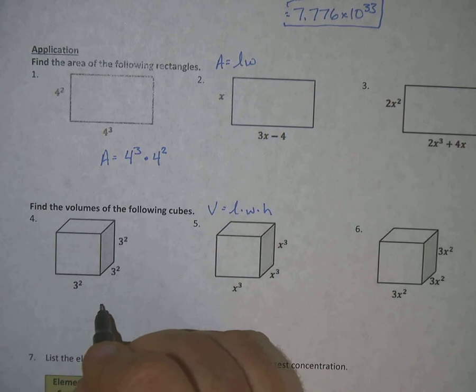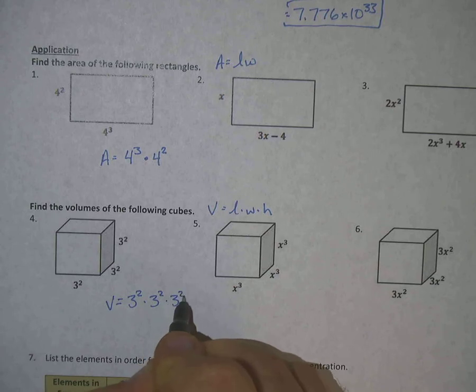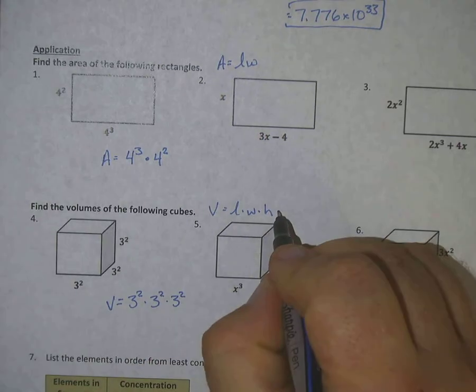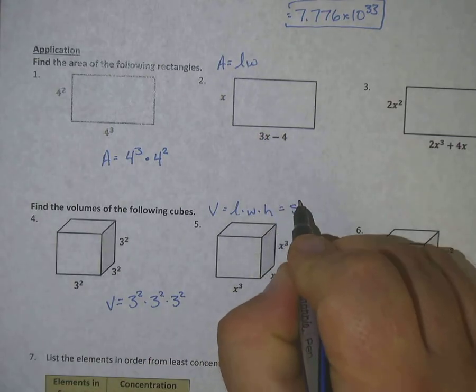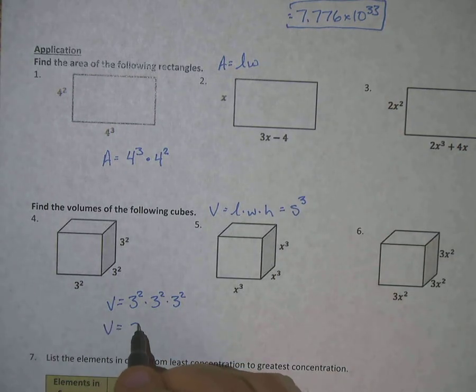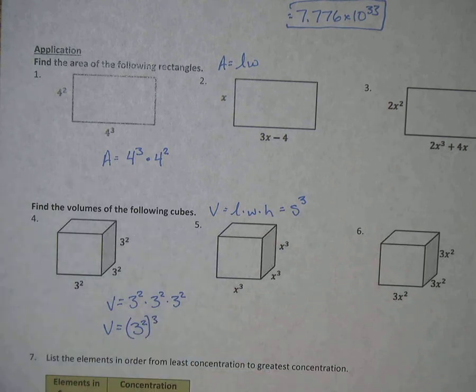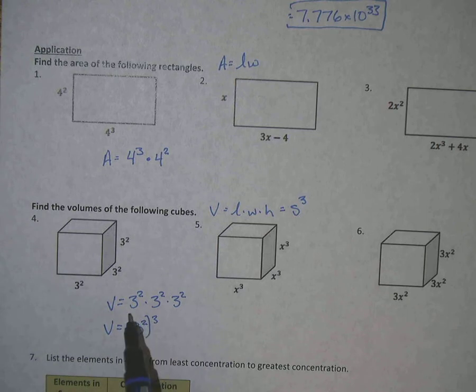So like on this one, you're going to be going volume equals 3 squared times 3 squared times 3 squared. If you wanted to look at it the other way, it would just be one side cubed. And you can check that when you do that, 3 squared cubed, you're going to end up with the same answer on those two things, because these are saying the same exact thing. Okay.